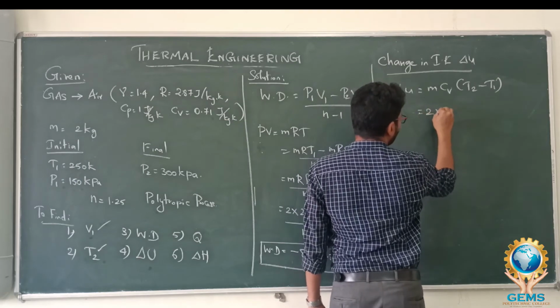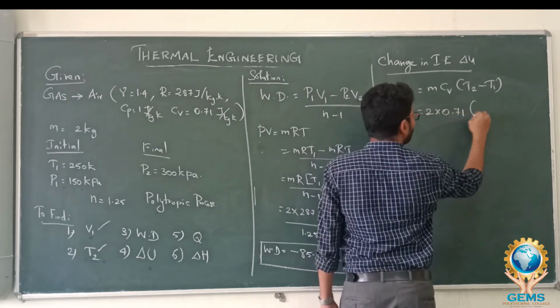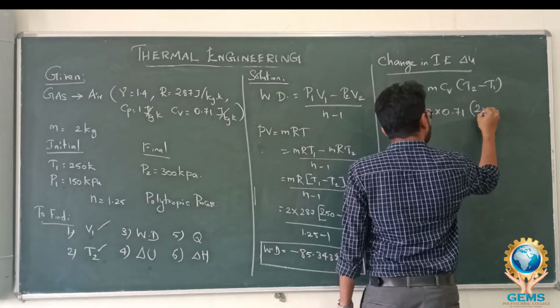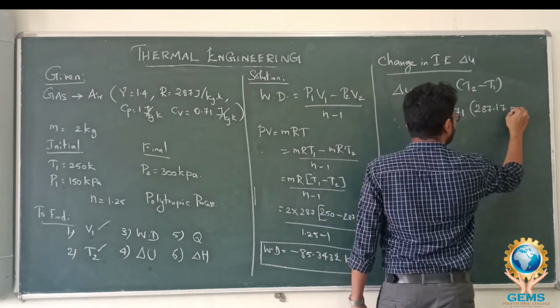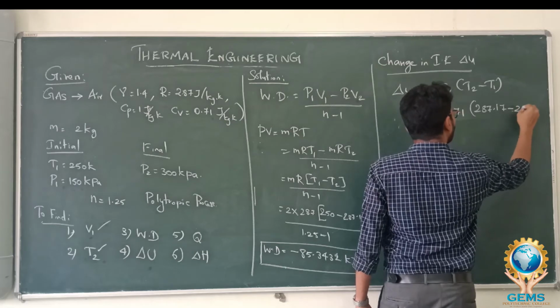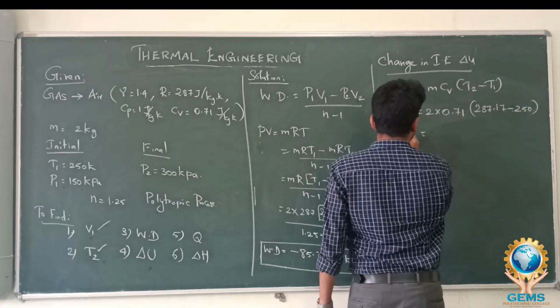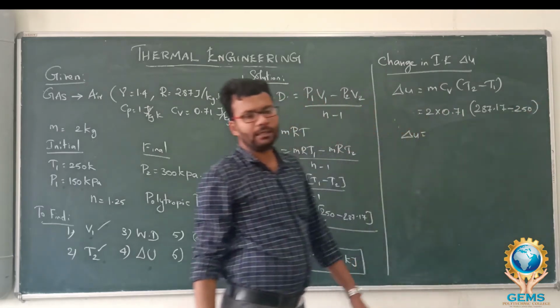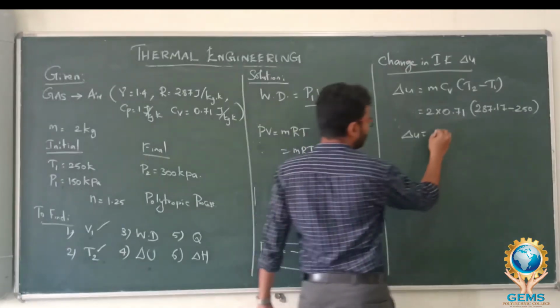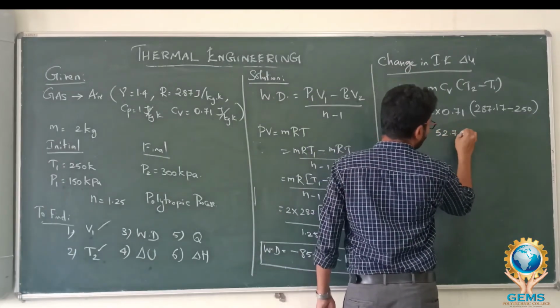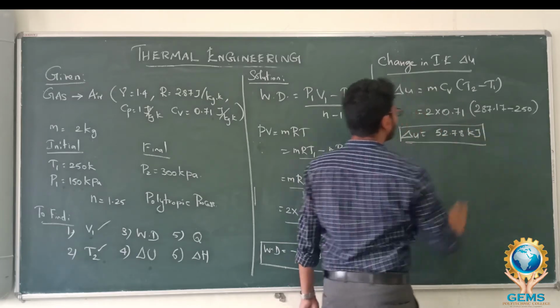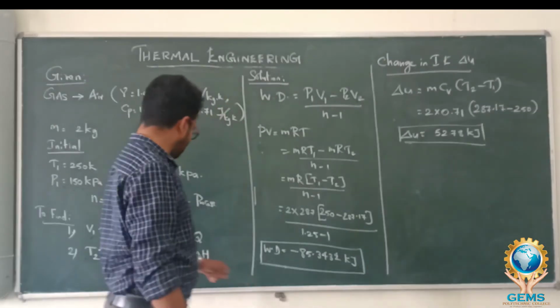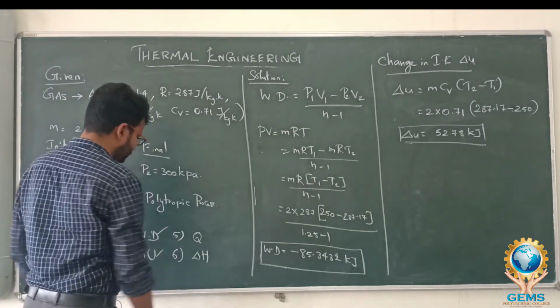The m value will be 2, Cv value will be 0.71, and T2 is 287.17 minus 250 Kelvin. The answer for delta U is 52.78 kilojoule.